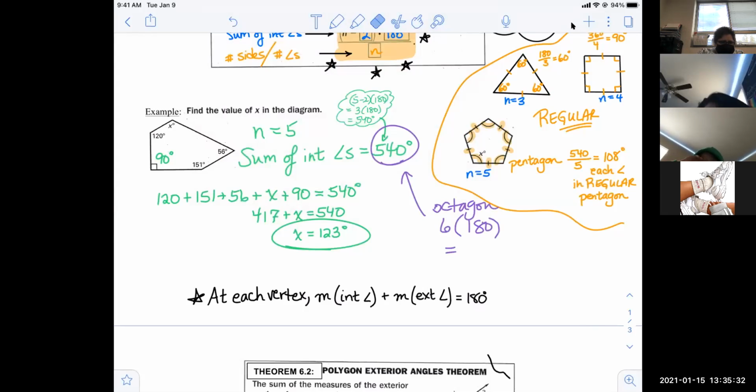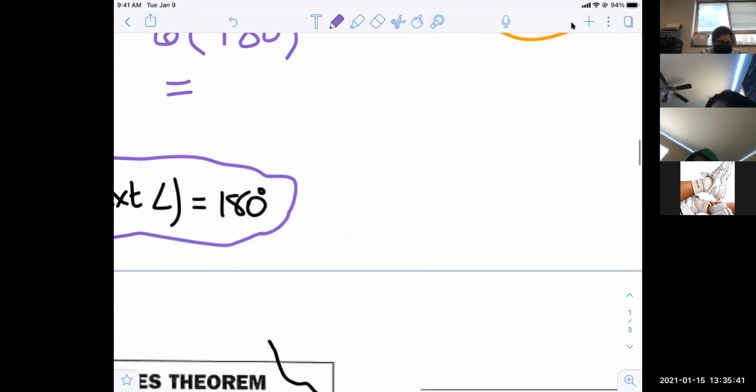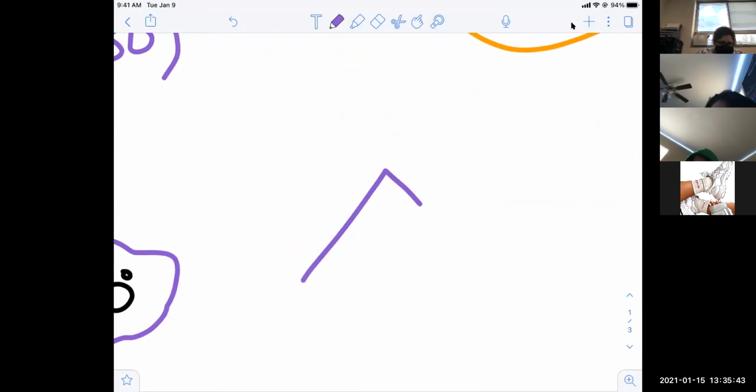Okay, now something that's helpful for what we're going to do next is the fact that at every vertex, so let's just draw a little shape down here. It doesn't matter if it's a triangle or what.